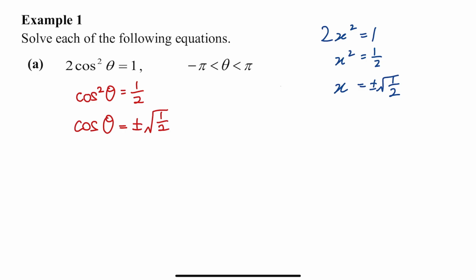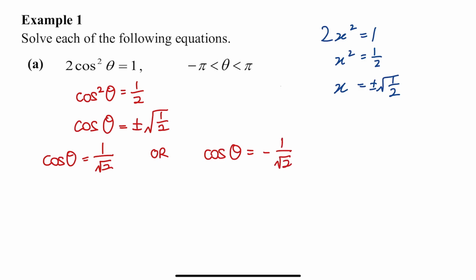Therefore, from here, cosine theta is equal to positive square root half, or cosine theta equals negative square root half. Actually, square root half can be rewritten as 1 over root 2, and negative 1 over root 2.